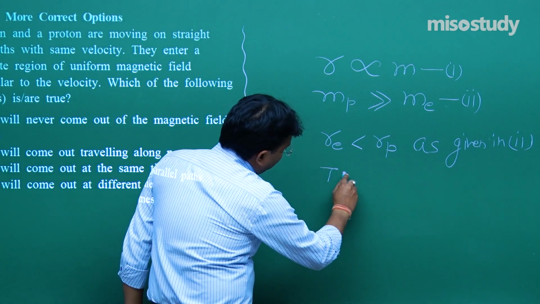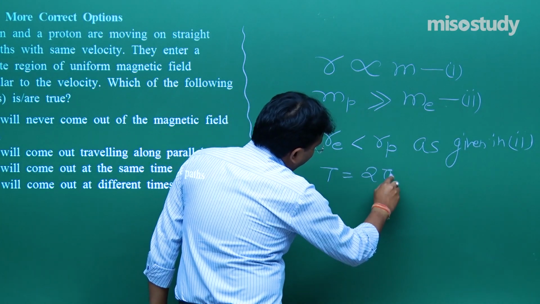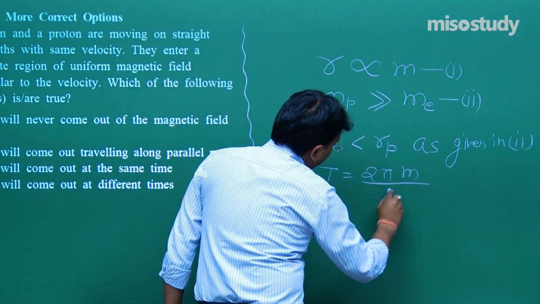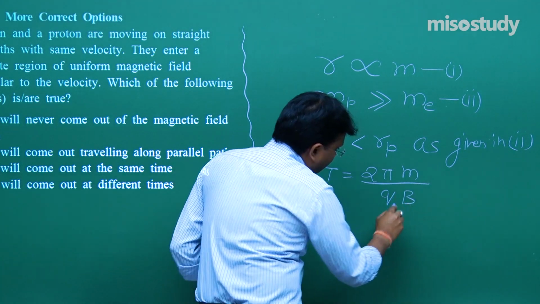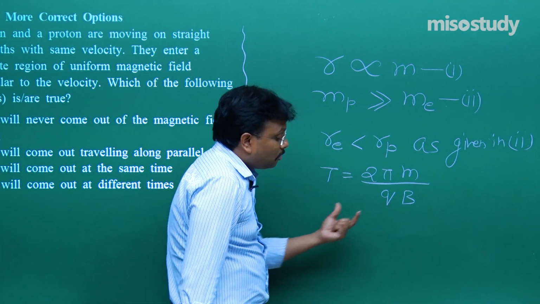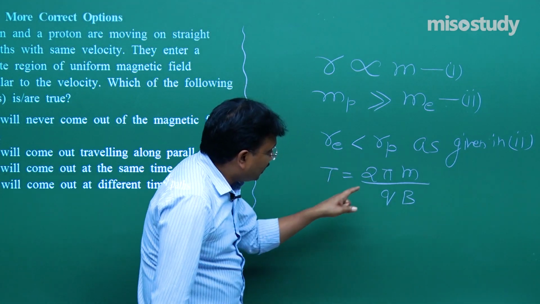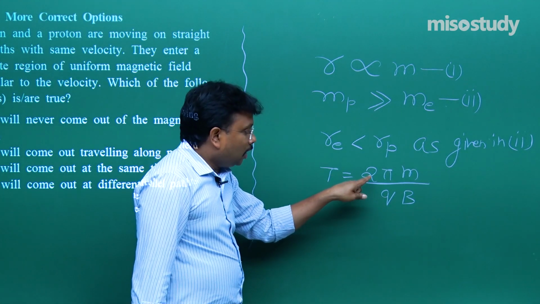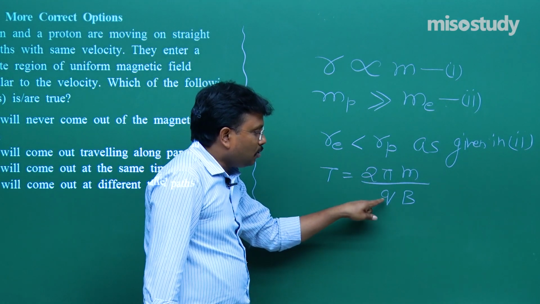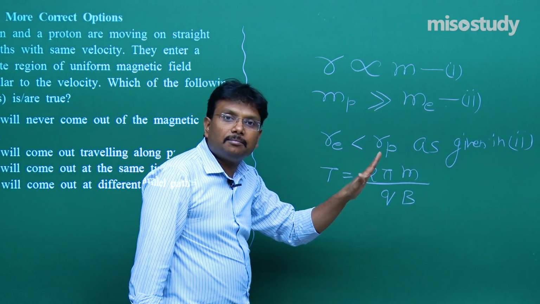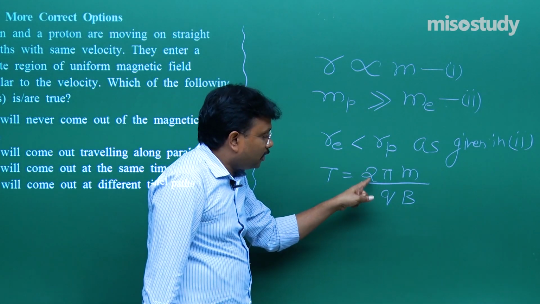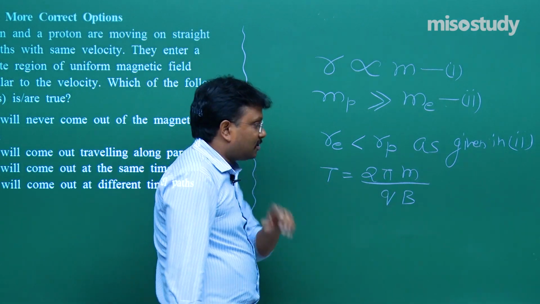So T is equal to 2 pi m upon qB, a well known relation for the time period. Okay. Now if we want to find this relation, then again take a look, everyone: 2 pi, q, B, everything is the same.